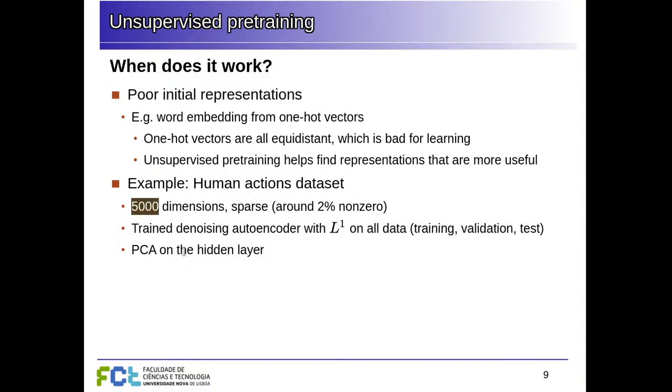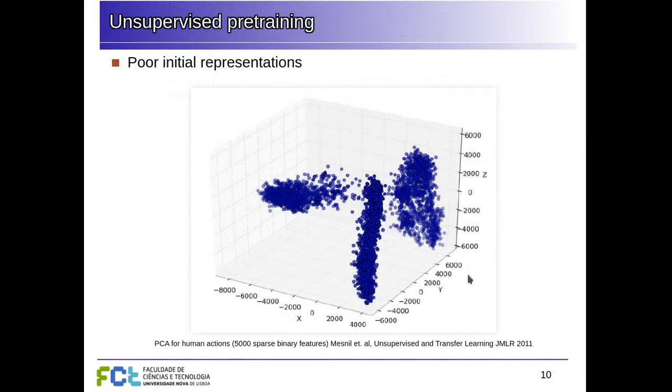The data had 5,000 dimensions, but for most of the examples, the majority of these attributes was at 0, and only a few were not 0. So we have a very high dimensional space, but training these denoising autoencoders with regularization, these layers manage to capture better the manifold of the data.